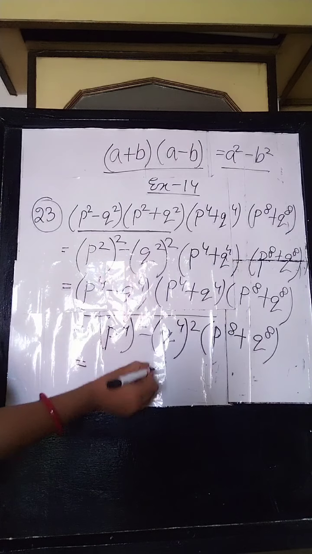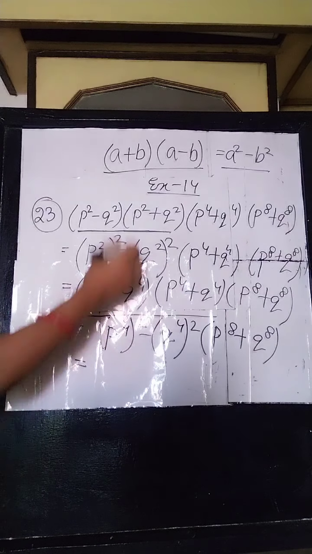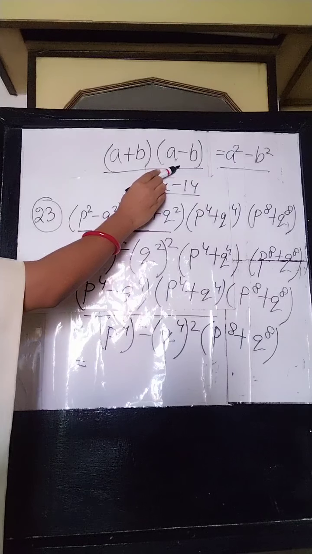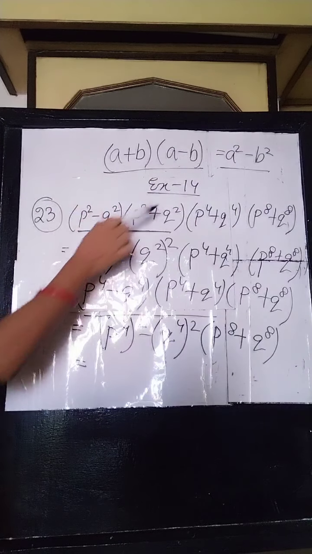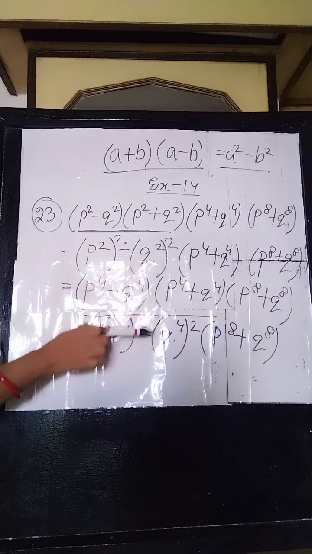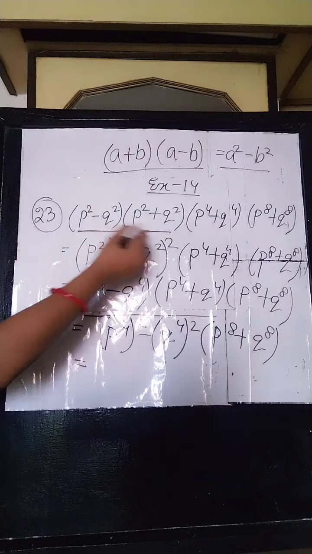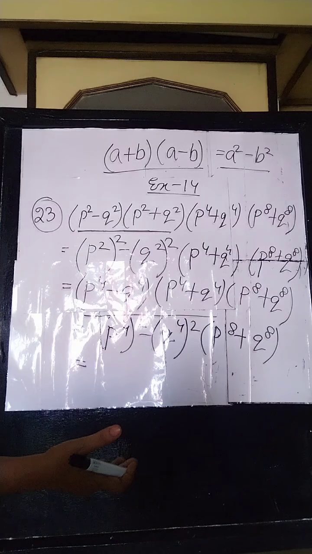By removing the bracket, again and again we are applying the same formula. As you can see, the usage of this formula, (a plus b) into (a minus b) equals a square minus b square, is applied in each and every step repeatedly with the first two brackets only, and then eventually you will see that the sum will be solved on its own.